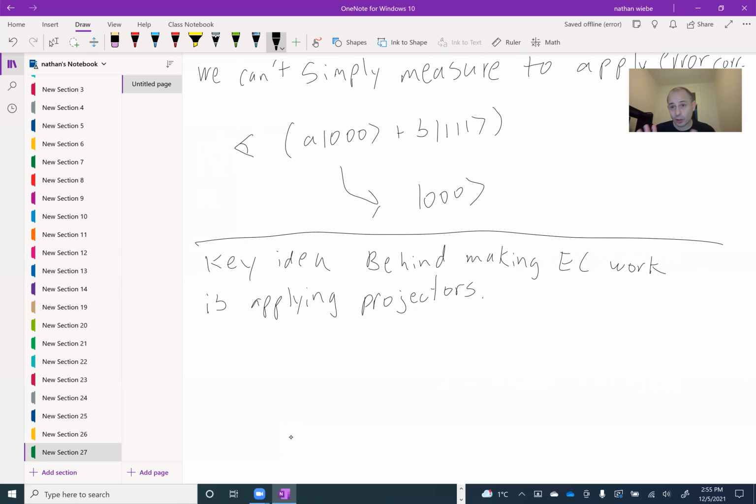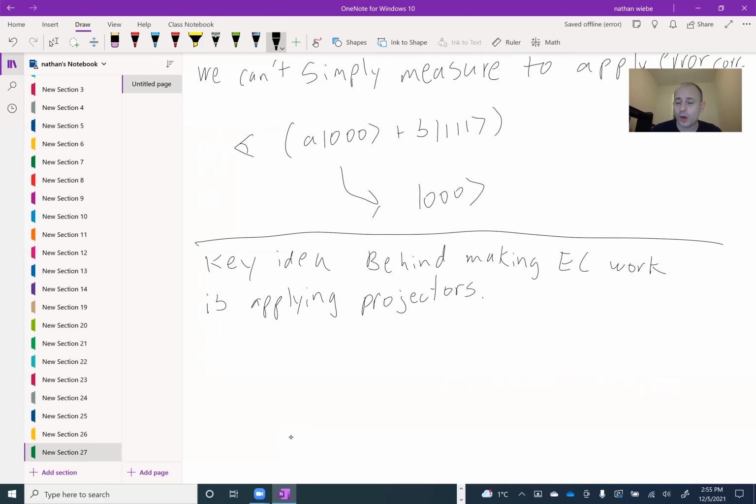So let's take a look at the simplest possible case. In this lecture, we're going to look at a quantum bit-flip code first, and then we're going to generalize that later to the phase flip code and show how to correct against arbitrary errors.